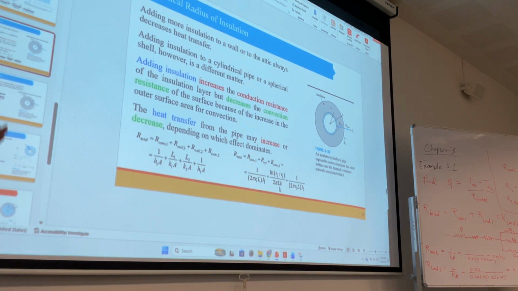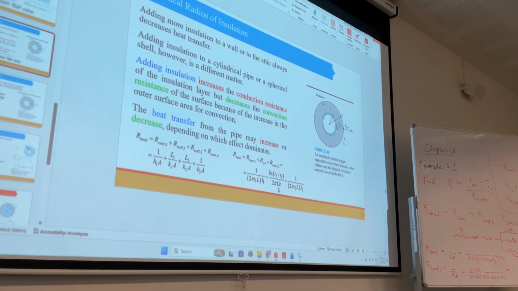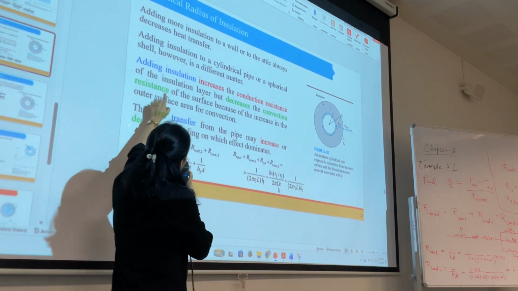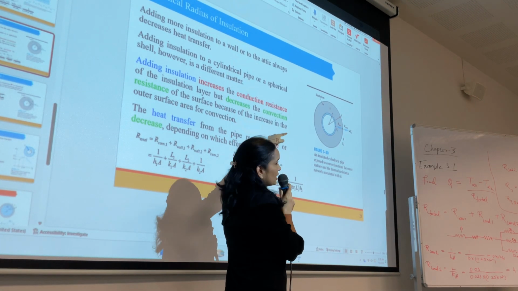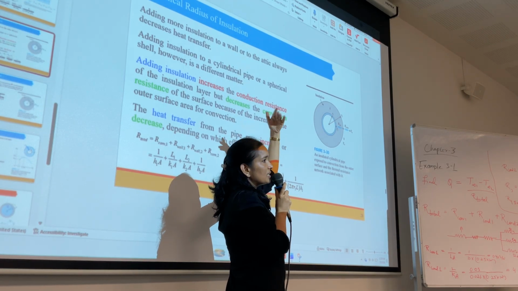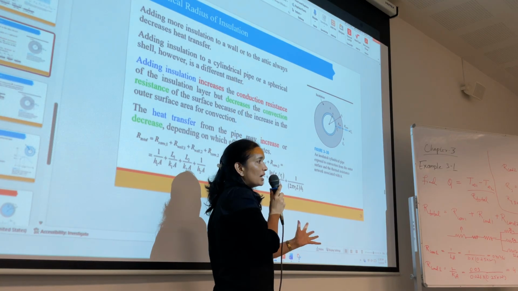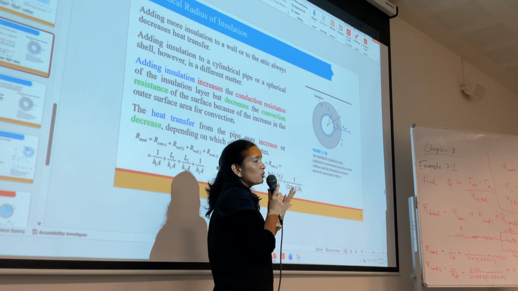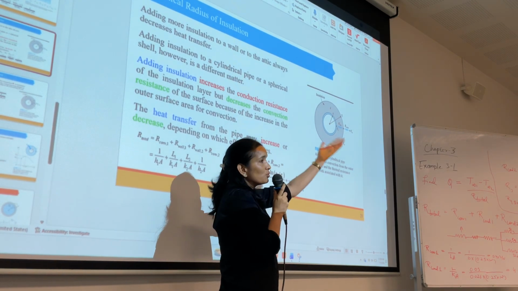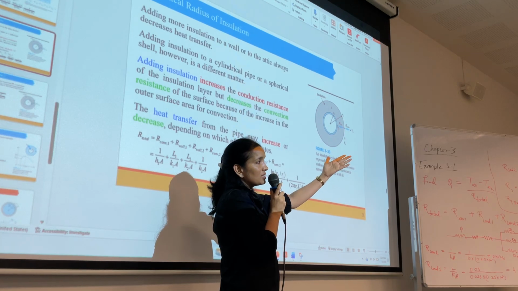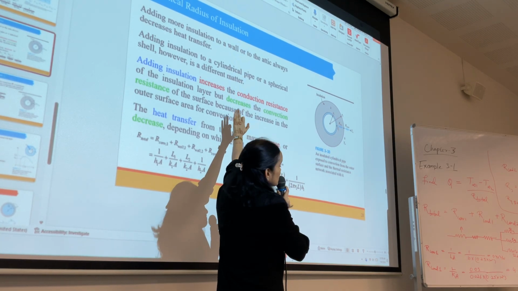When you are layering something, adding insulation increases the conduction resistance. Conduction resistance increasing means there is less heat loss. Your cylinder will stay warm, that's what you want. But on the outside, the convection resistance decreases.